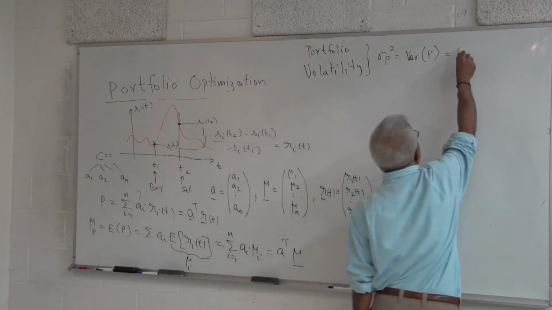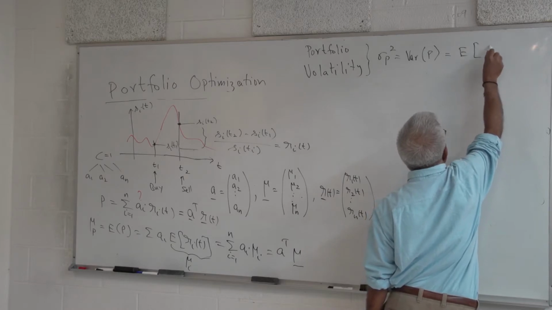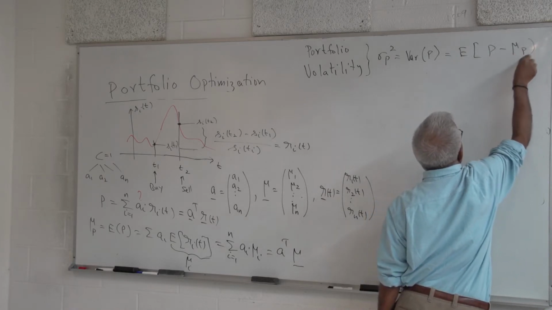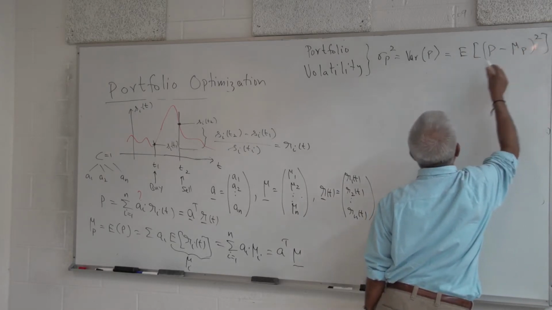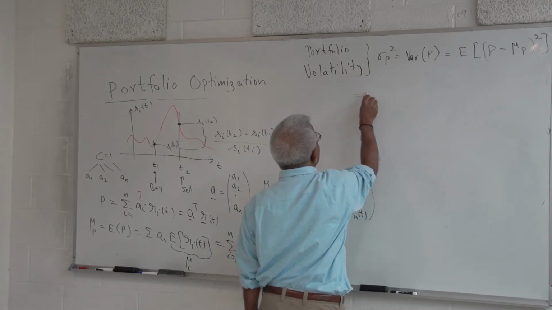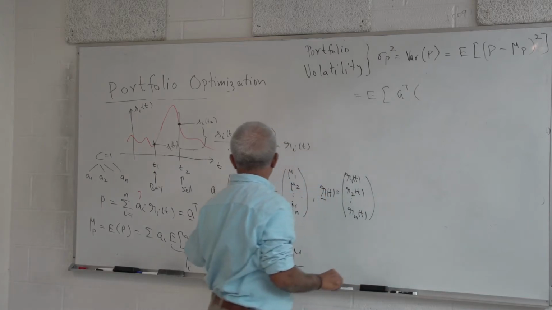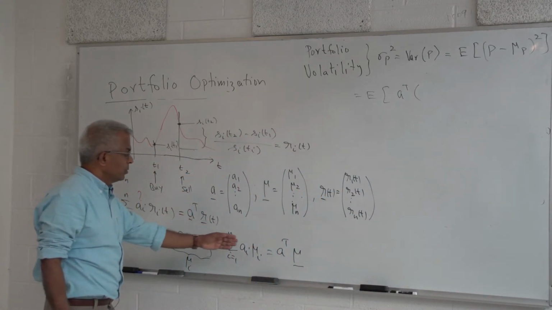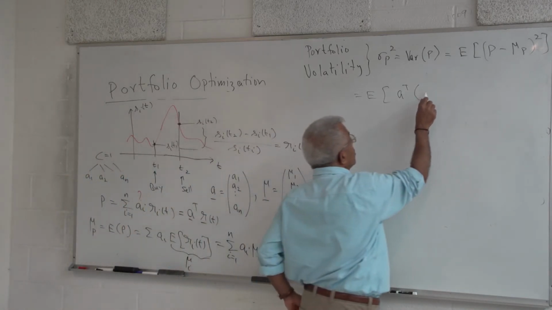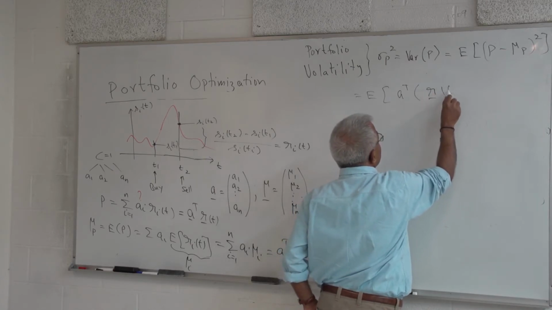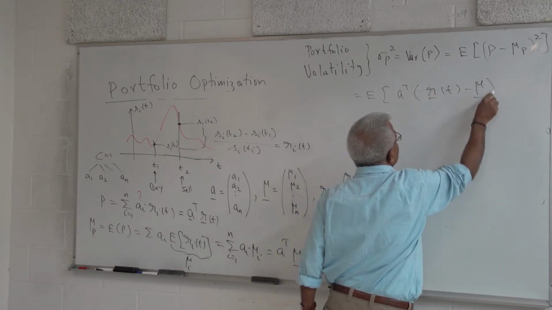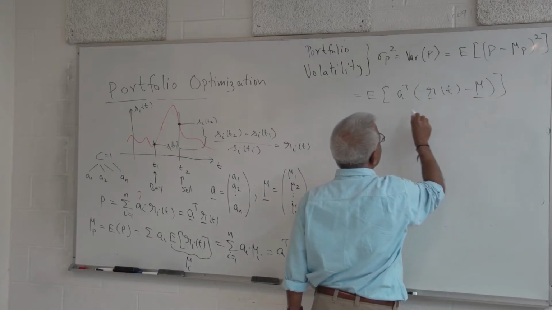And the variance is the expected value of P minus mu P, the whole squared. So P is A transpose RT minus A transpose mu, so this is A transpose times RT minus mu, the whole squared.